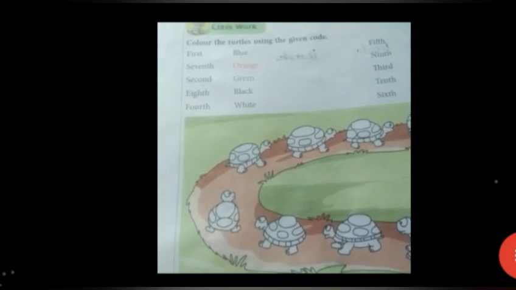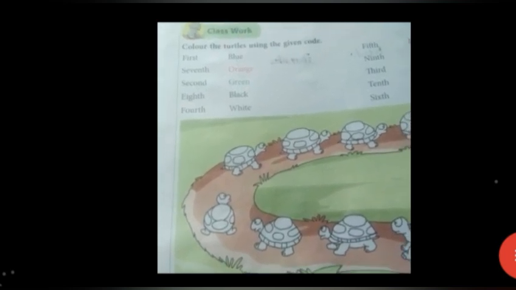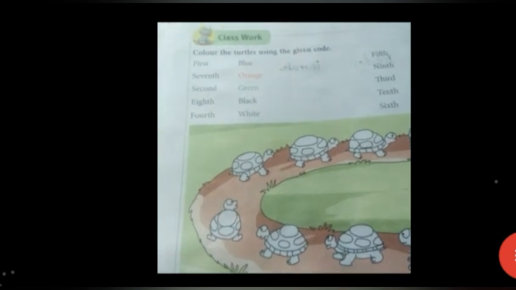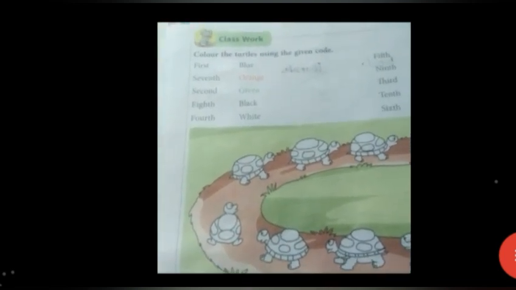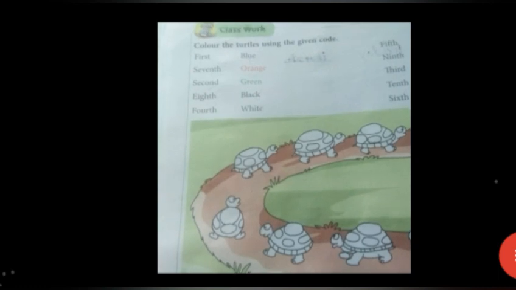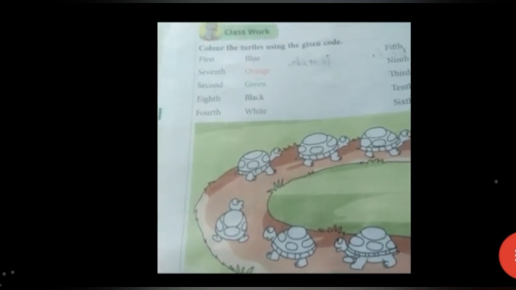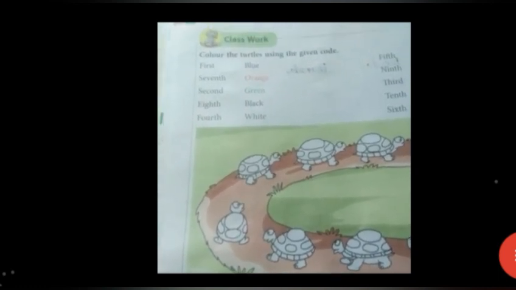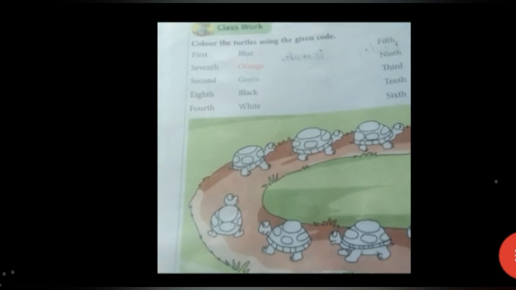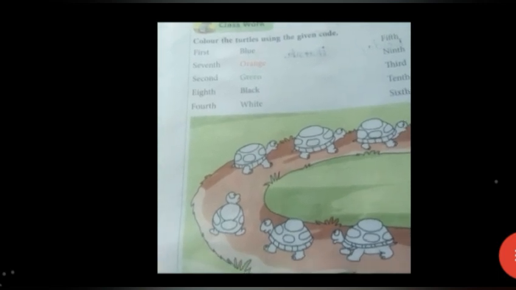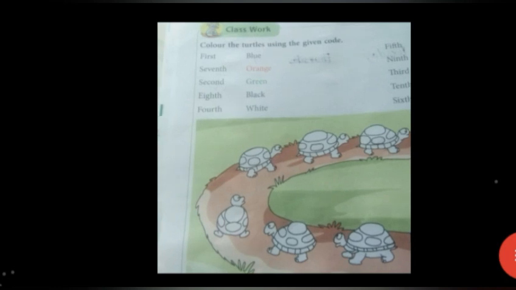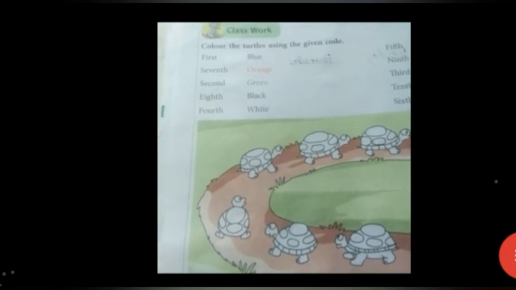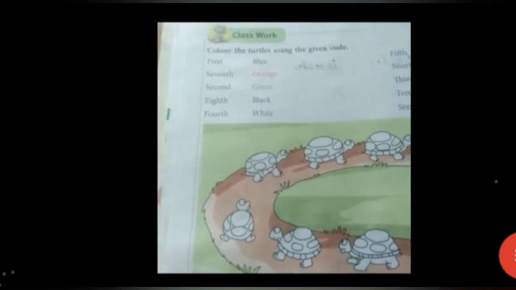So many times you use ordinal numbers in your school and in your home. First, second, third. I am the first. I am second. You already used them. These first, second, third, fourth, fifth, like that, are called ordinal numbers. Who is the first in that running race? Do you remember? Yes, the horse is the first one.